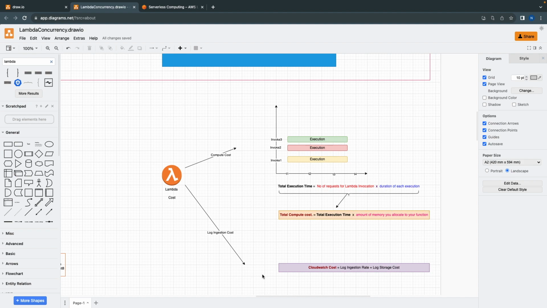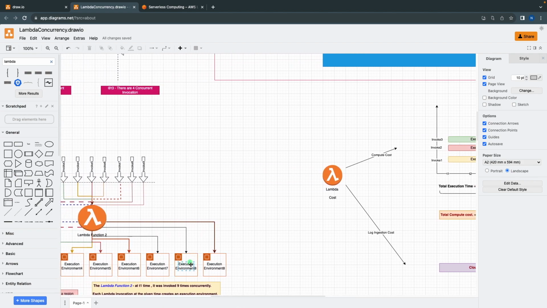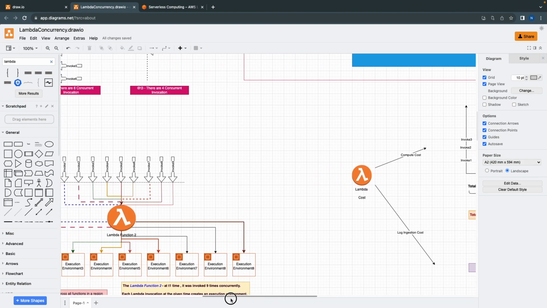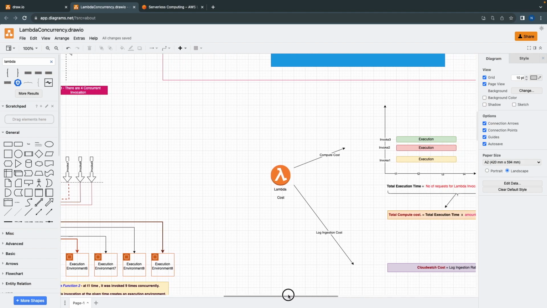And what also happens is, when the Lambda is invoked, we know that the execution environment gets created. For each execution environment, there will be a log stream created in the CloudWatch logs, through which the log is ingested. So if, for example, 700 executions happened, 700 log streams would have been created and the log would have started being pushed there.